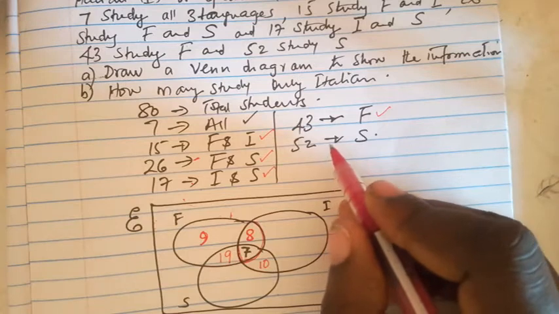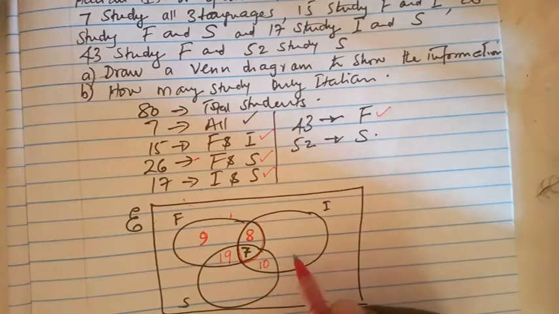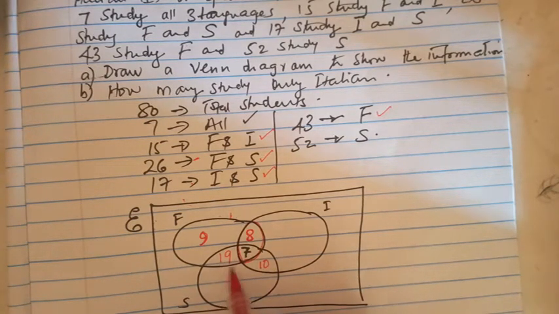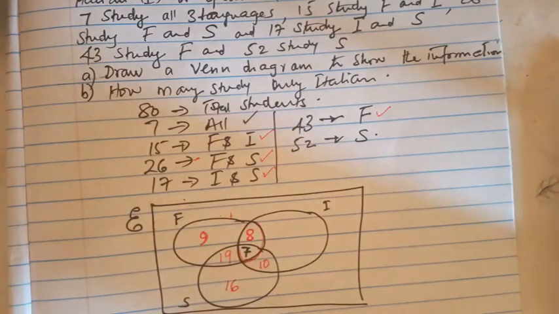Spanish, we have 52 doing Spanish. Out of 52, we have already captured 19 plus 10, 29, plus 7, that is 36. 36 out of 52, we have now 16 who are doing Spanish only.